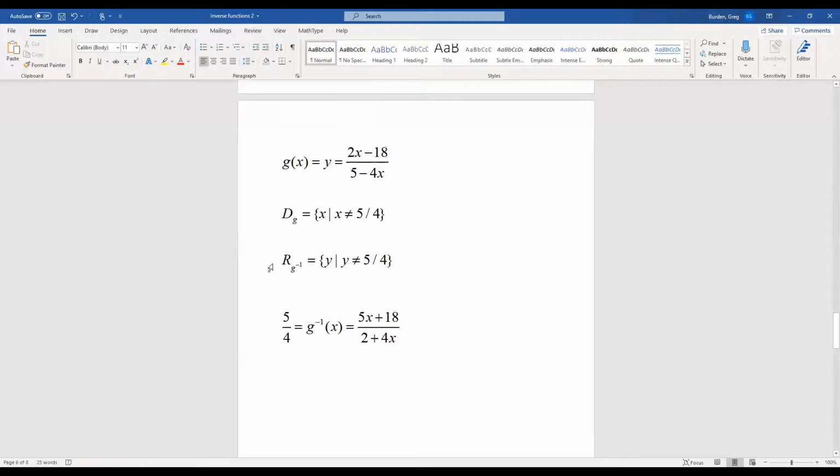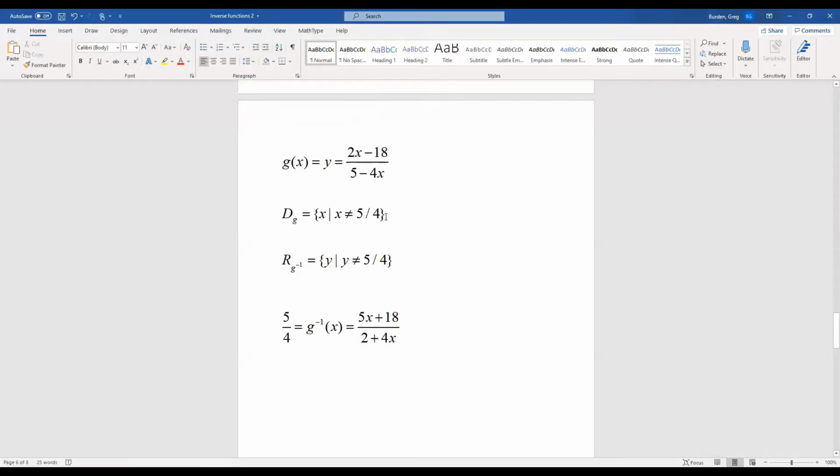Okay, so anyway, if this is the domain, it turns out the range of the inverse function is going to be the same. Because the inverse function has to take, so to speak, Y to X. And that means that nothing's going to be sent to 5/4 because 5/4 was not in the domain of the original G. Now, again, this would actually be clearer if I were using a notation which said that X is here, but because ranges typically are thought of as being outputs, which are thought of as being Y's, I used the Y symbol to represent that.